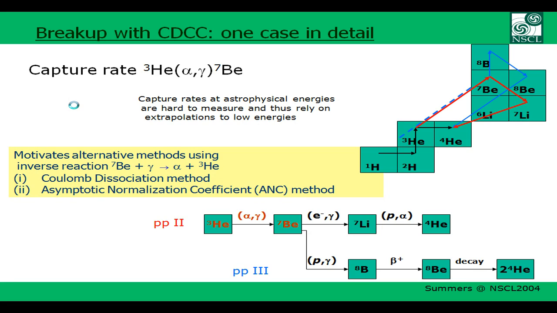So the electromagnetic transition involved here takes you directly from a continuum state alpha helium-3 to the ground state. So that's the Coulomb dissociation method. And then the ANC method tries to get just the scaling factor, this overall normalization that comes from the tail of that cluster wave function of beryllium-7.